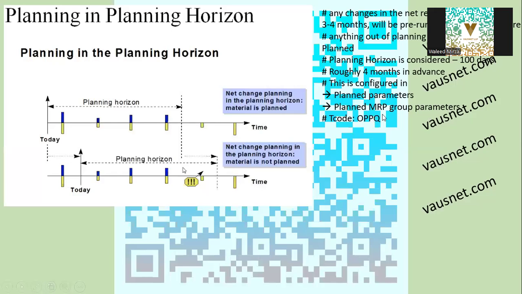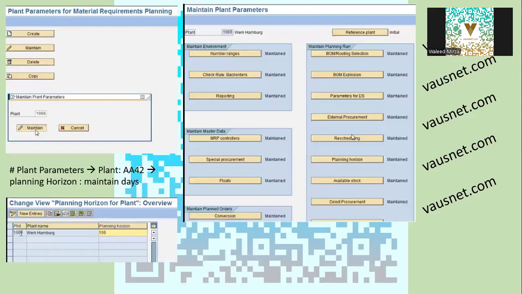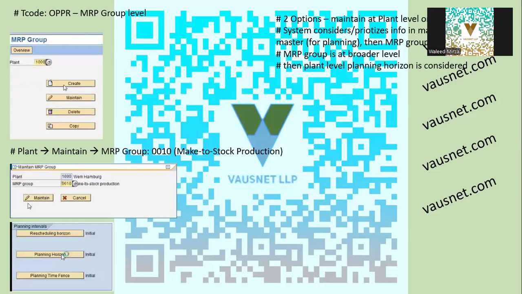In OPPQ, we actually plan horizons at MRP group level, and we can also plan it at plant level. So at plant level, it is OPPQ, and we maintain planning horizons. In planning horizons, we maintain the days it will consider for material requirements in the future. At MRP group level, we have OPPR.